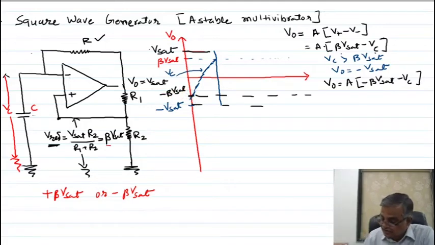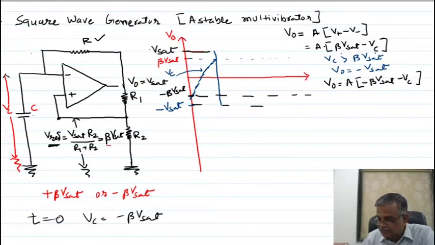Remember, at t equal to 0, the voltage at the capacitor is minus beta V set. So you can say this is charging. When the voltage across the capacitor is more than plus beta V set, the reference voltage, immediately the output becomes negative.